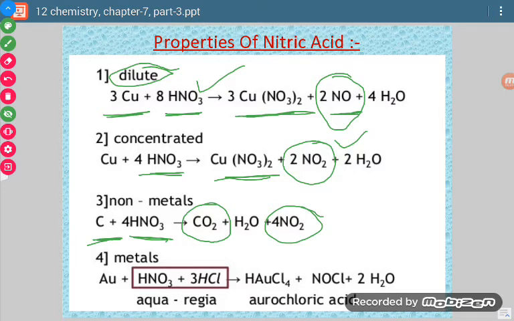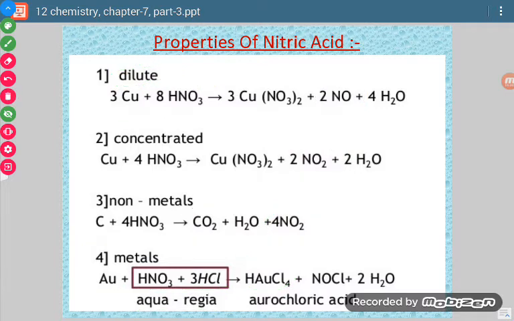Similarly, with native metals, we say these are inactive metals, in the form of aqua regia, if we put gold in that, then it gets dissolved. There is formation of chloroauric acid. So these are some of the reactions of nitric acid.